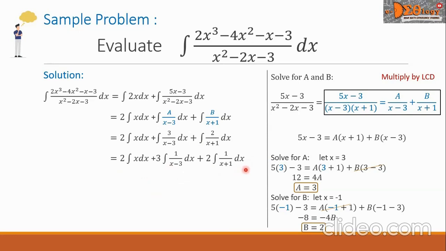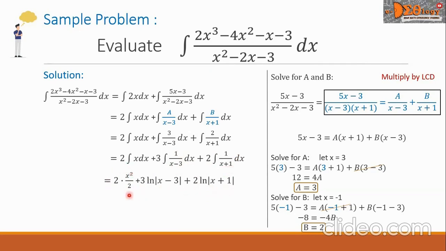So for the first integral, it will be 2 times x squared over 2, plus these 3 we copy down here. The integral of 1 over x minus 3 dx will be natural log of the absolute value of x minus 3, plus the constant 2 we will copy here, and the integral is natural log of the absolute value of x plus 1.